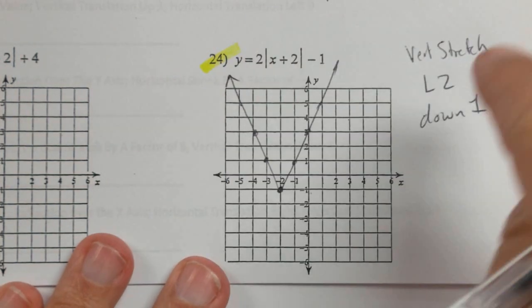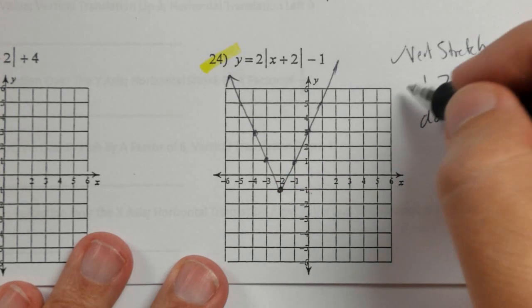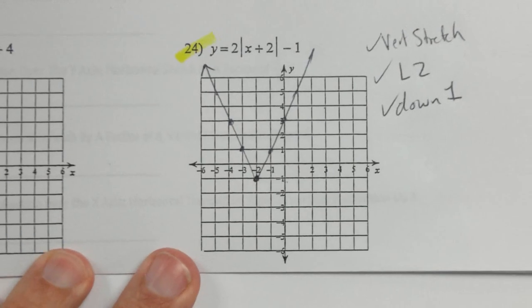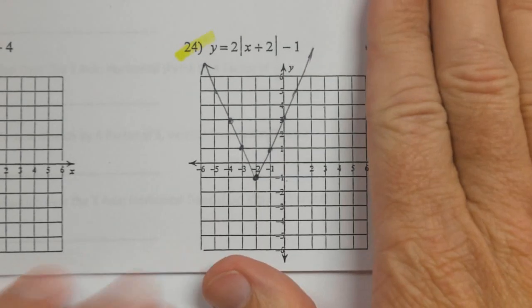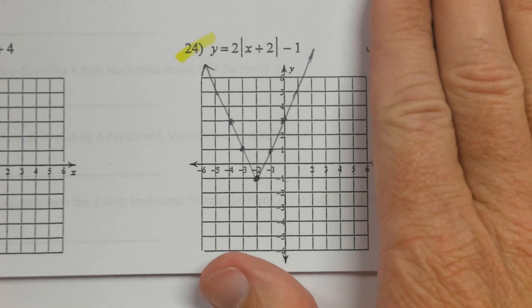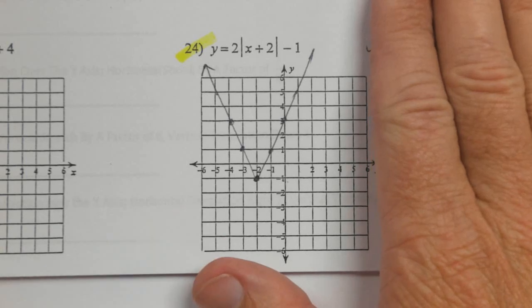And again, double check that your words match your picture. Got the stretch, got the left 2, got the down 1. Now, some of you, maybe this is the problem, aren't going to check because you're not even going to write this down. You're just going to go straight to the picture. That's okay. It makes it a little harder for me to give you partial credit if you mess something up, because I won't know that you thought it was supposed to go left 2.